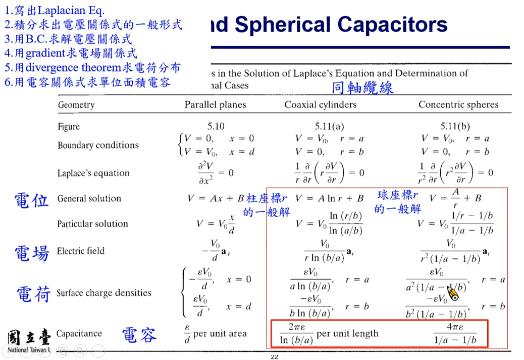So this is the specific solution for voltage, for electrical field intensity, for charge distribution, and here is the capacitance for this spherical structure. Again, it's related to material property and geometry. All right.